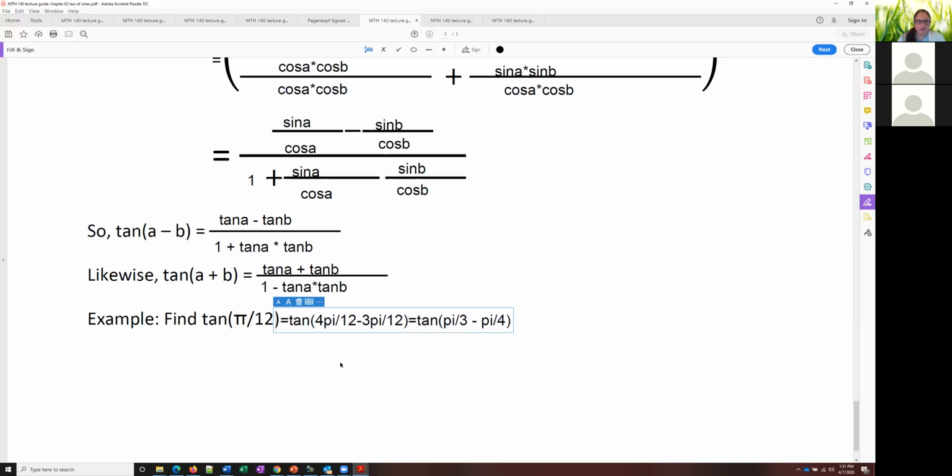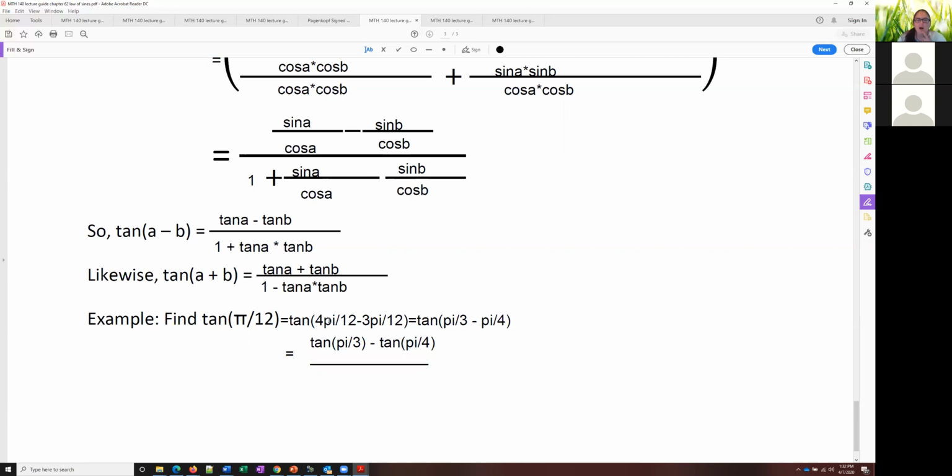Okay, so we're going to get, for the top, the tangent of pi over 3 minus the tangent of pi over 4. And then we need a fraction bar. Not bad. How did I get the first step? How did I figure out that I wanted to do 4 pi over 12 minus 3 pi over 12?